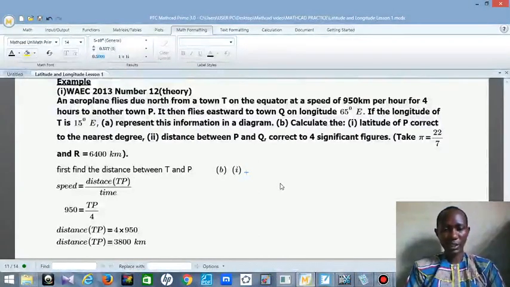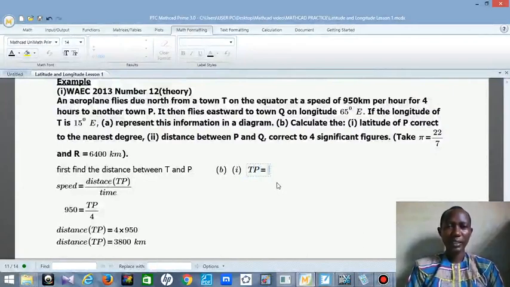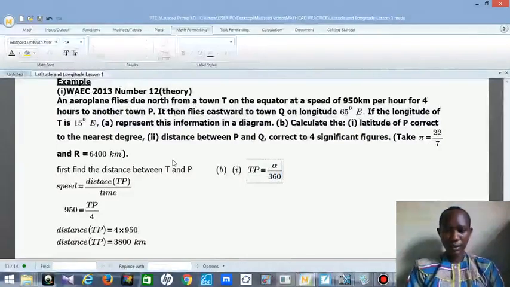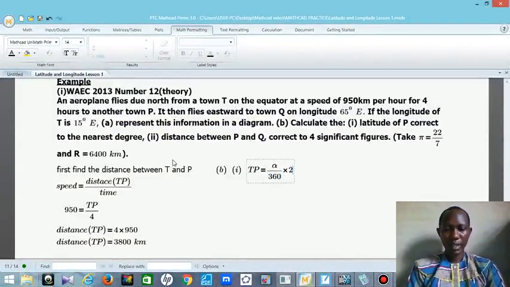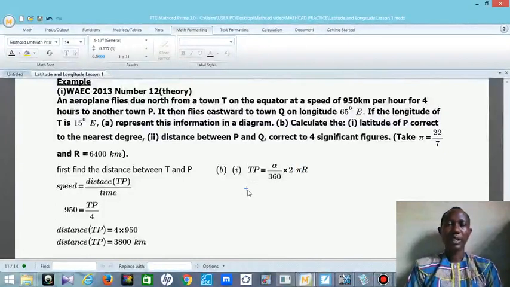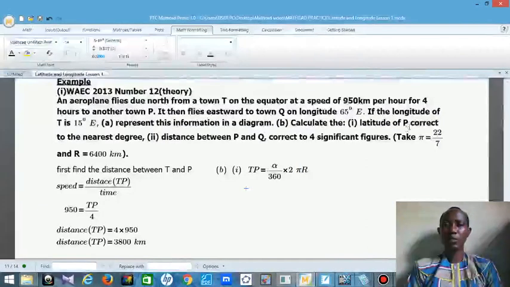Just put your TP equals theta, which is now the alpha we are looking for, alpha over 360 times 2 pi times your capital R. That is the formula we are going to use to calculate the angle, the latitude of P, which is the angle between T and P.